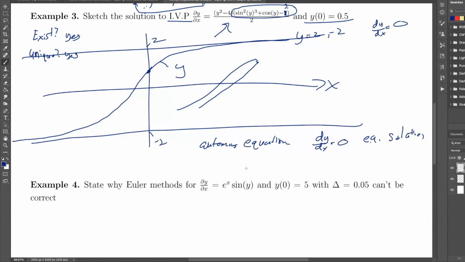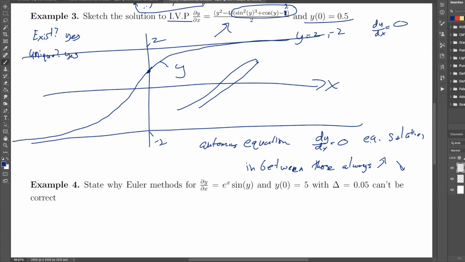And in between those, it's always either increasing or decreasing. Okay.